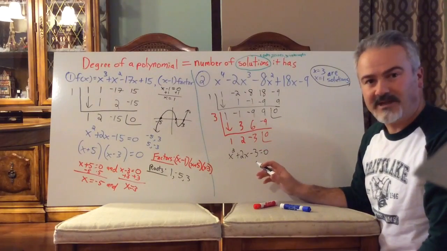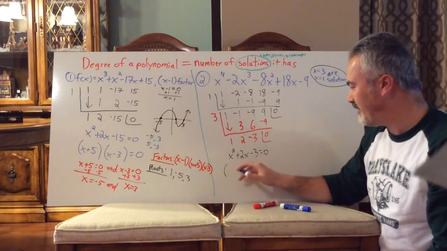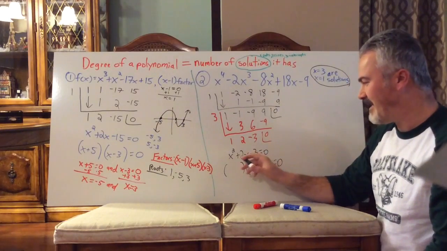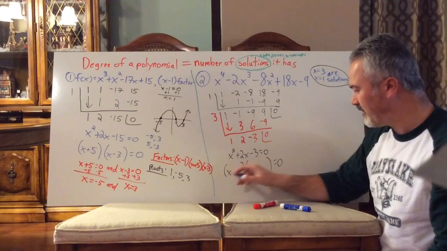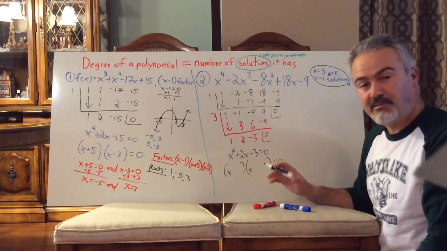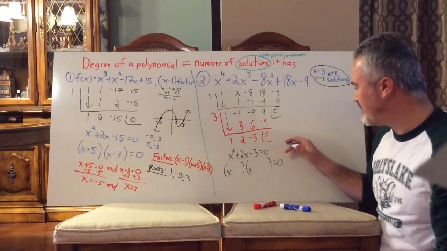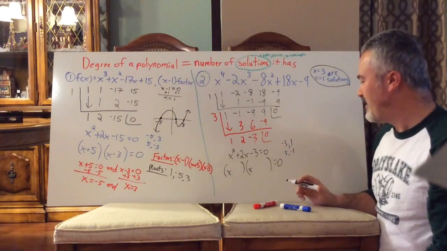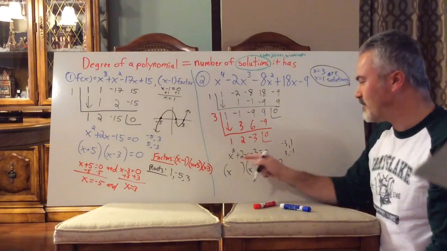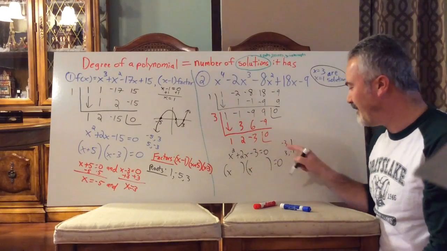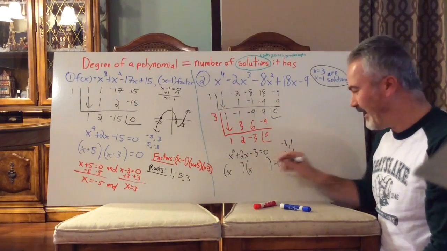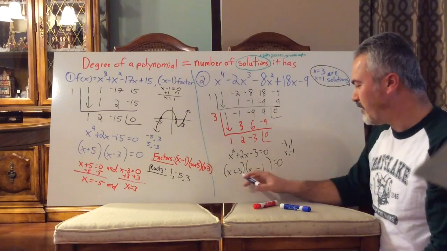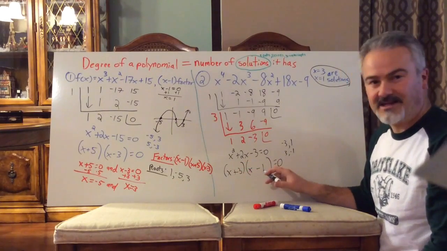I'm going to factor this one again, guessing and checking. X times x is x squared. Negative 3, perfect number, only two choices. Negative 3 and 1 or 3 and negative 1. So let's see, since we want positive 2, I'm guessing it's going to be 3 and negative 1. 3x minus 1x is positive 2x.